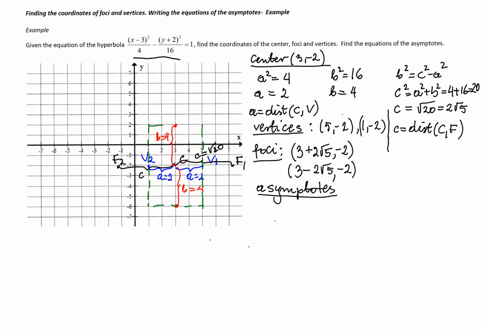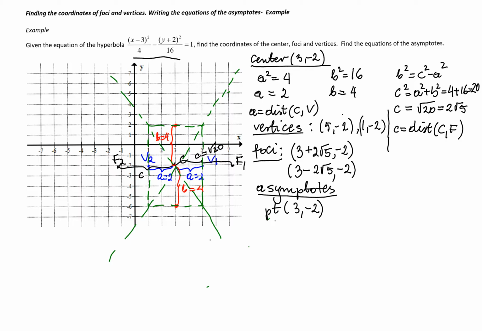And the asymptotes are going to be the diagonals of that rectangle. So we know that the asymptotes are passing through the center. So we have at least one point on the asymptotes. We have the point 3 and negative 2. To write the equation of asymptotes, we need the slopes.